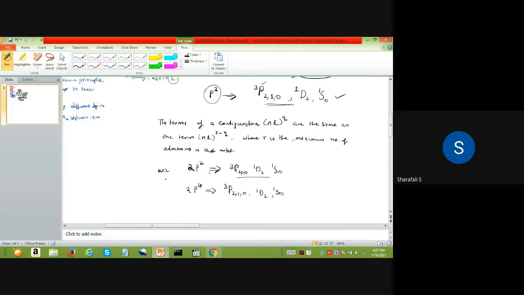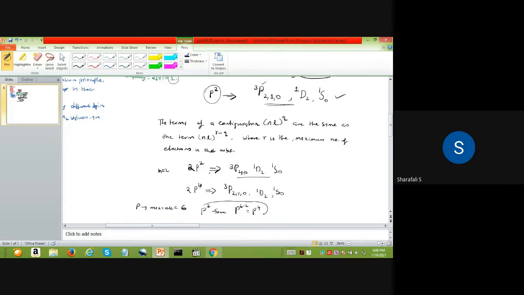In the p orbital, the maximum number of electrons that you can fill is 6. So whatever configuration corresponds to p2 will be the same as that of p6 minus 2, that is nothing but p4.